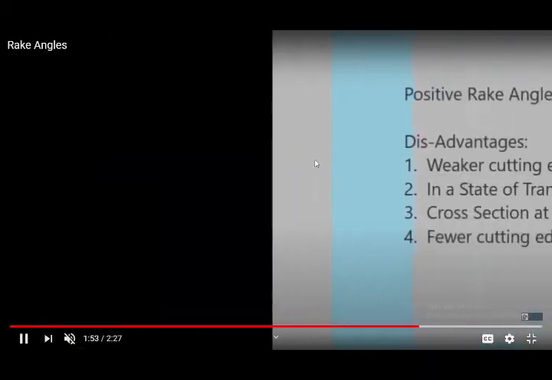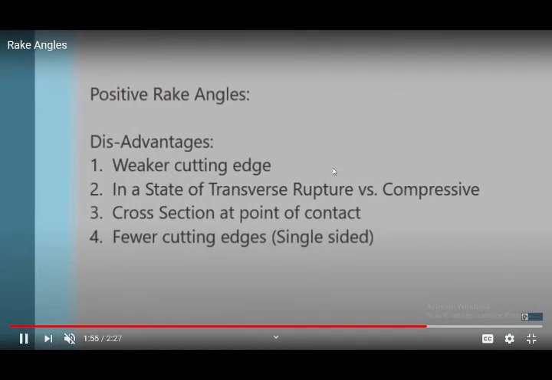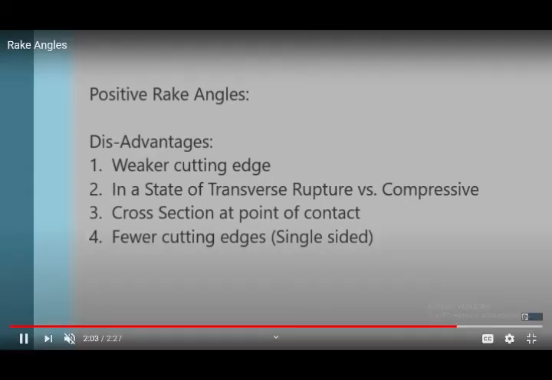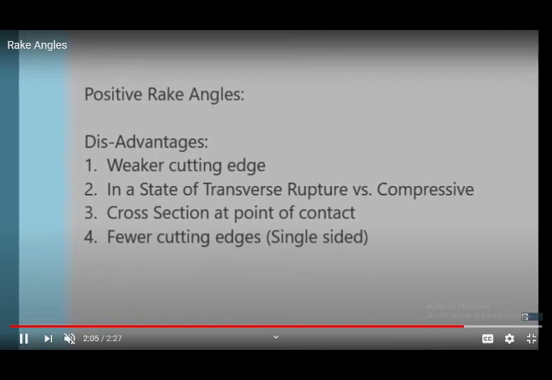How the chip separates from the workpiece metal. Next, disadvantages: the cutting edge is in a state of transverse rupture and compressive cross section at the point of contact, fewer cutting edges, single ended.